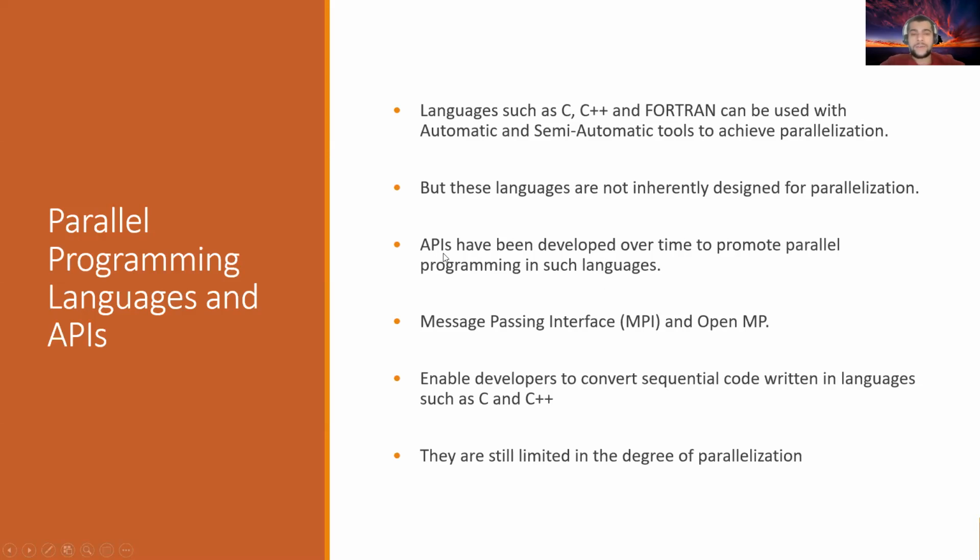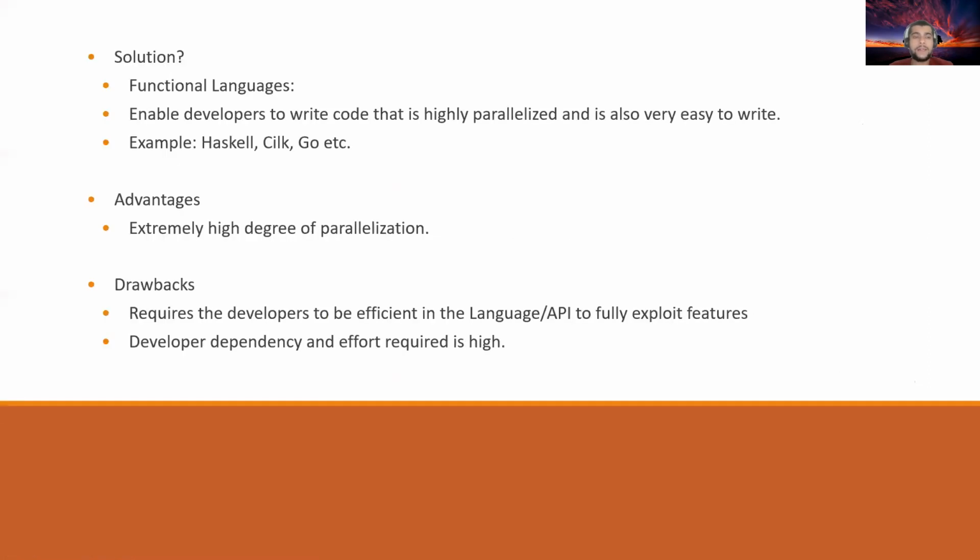So you use them with APIs such as MPI and OpenMP. It enables developers to convert sequential code written in languages such as C and C++. But even with the use of APIs, they are still limited in the degree of parallelization.